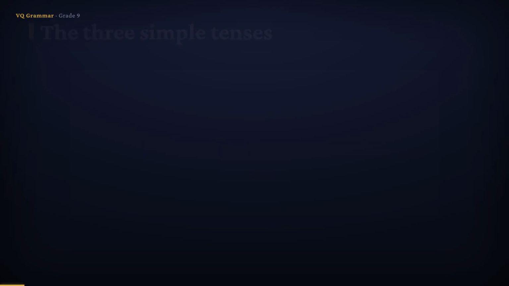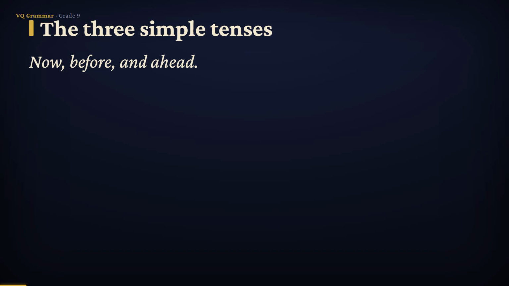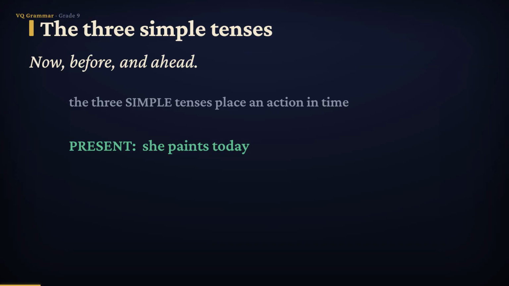Let's dig in. Let's start with the ones you already know best, the 3 simple tenses. Their job is to place an action somewhere in time. I'll use one verb the whole lesson so the pattern stays clear. The verb paint. Present tense. She paints today. Something happening now, or happening again and again.